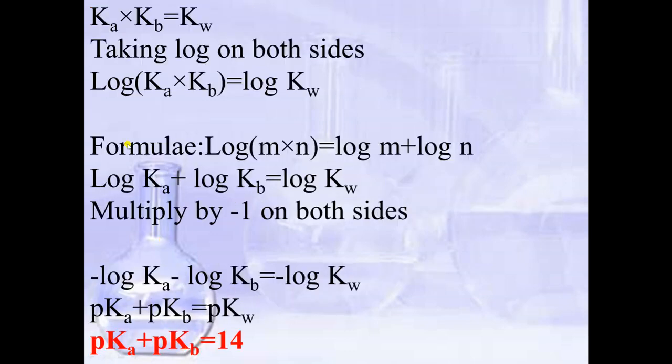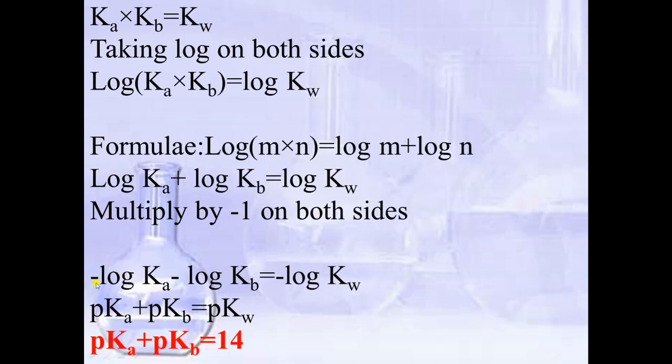Now we will continue the derivation. Here in this equation we will take log on both sides. So log of Ka into Kb is equal to log of Kw. Now what is the formula of log m into n? It is equal to log m plus log n. So here log Ka plus log Kb is equal to log of Kw. Now we will multiply this equation by -1 on both sides.